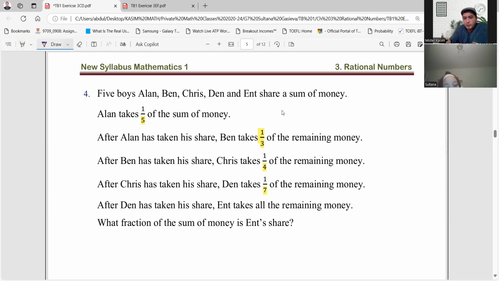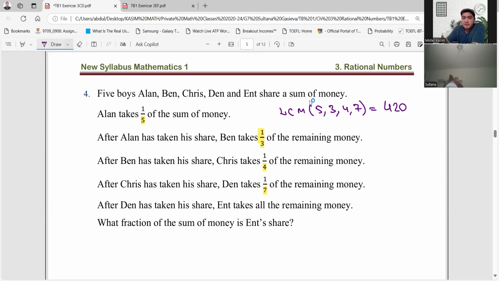So now, what is the least common multiple of 5 and 3 and 4 and 7? They're all, as you see here, prime numbers. Their only common factor is 1. So 5 times 3, 15. 15 times 4, 60. 60 times 7 is 420.